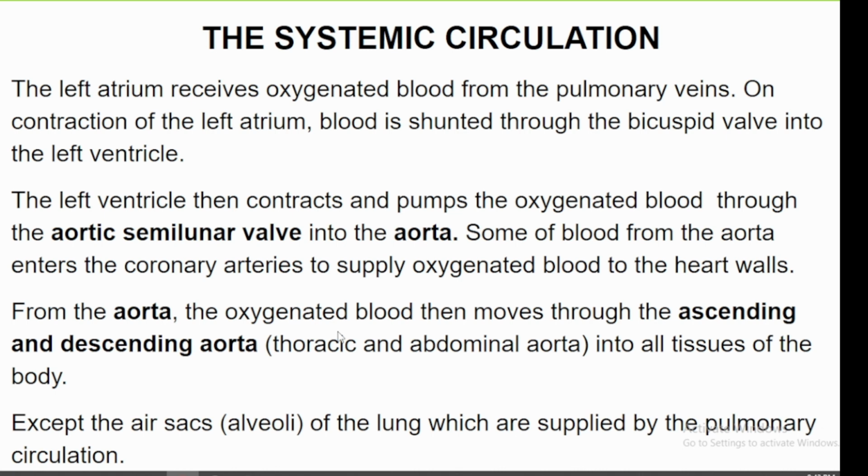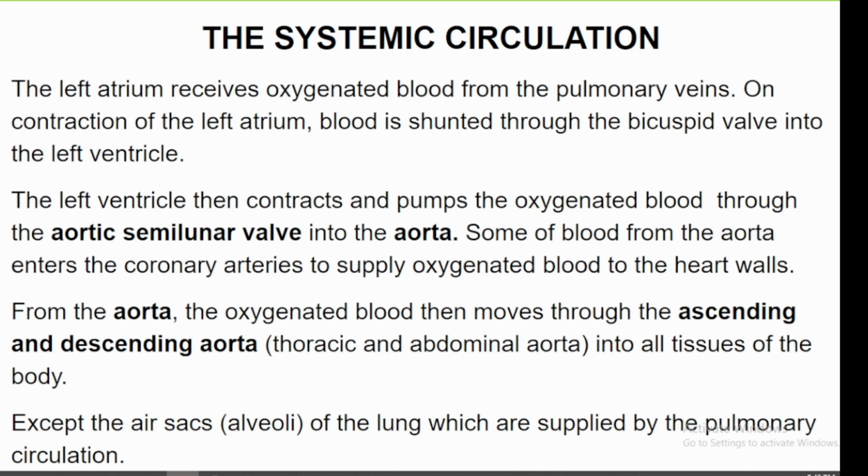So I believe we understand the systemic circulation. The left atrium receives oxygenated blood from the pulmonary veins. On contraction of the left atrium, blood is shunted through the mitral or bicuspid valve into the left ventricle. On contraction of the left ventricle, it pumps blood through the aortic semilunar valve into the aorta.